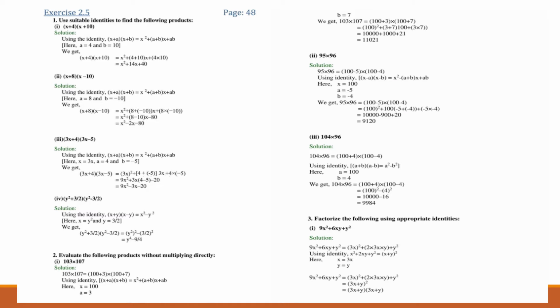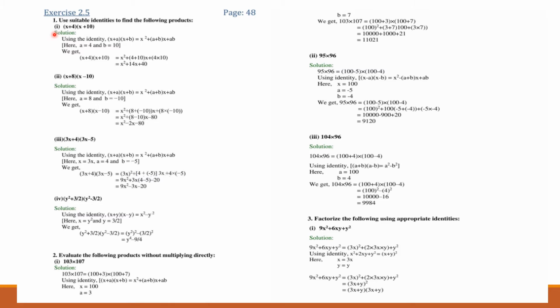Here we have exercise 2.5. The very first question: using the suitable identity, we have to find the product. If it is written that using the suitable identity, it means you have to use the identity. The first question is x plus 4 into x plus 10.